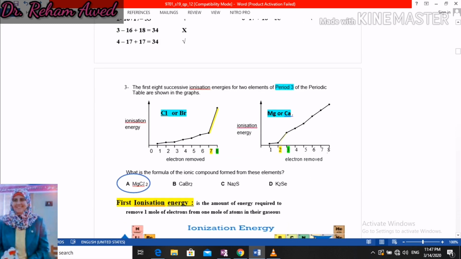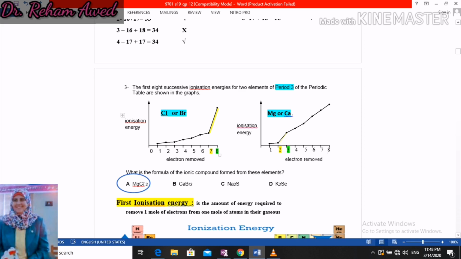Next one, question 3. The first 8 successive ionization energies for 2 elements of period 3 of the periodic table are shown in the graph. At first, we have the relation between ionization energy and electron removed.